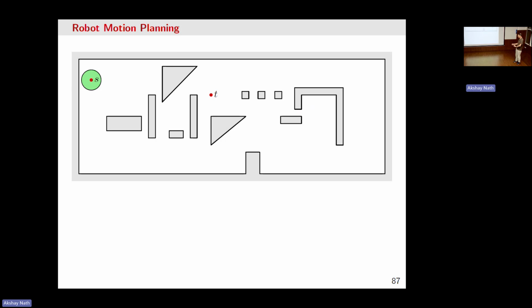A simple way of doing it is the following. Because our robot is a nice disk, it's not colliding with any of these obstacles if and only if, let's say the radius is 1, its center is at distance at least 1 from all of the obstacles.